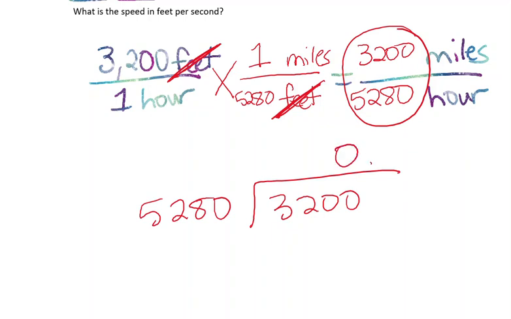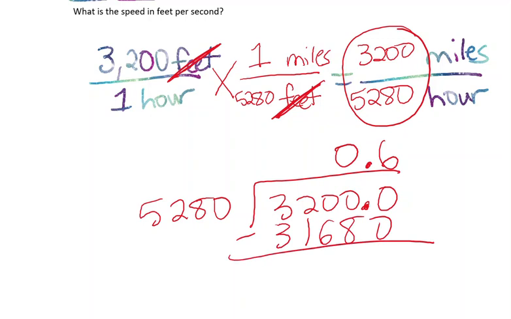5,280 doesn't divide into 3,200 because 3,200 is too small. If I do 32,000 divided by 5,280, I get 6. 6 times 5,280 is 31,680.